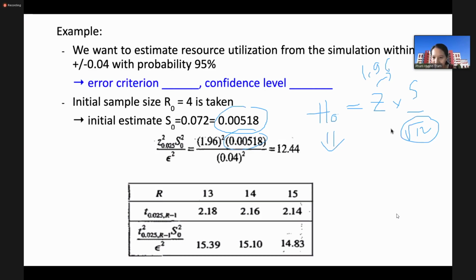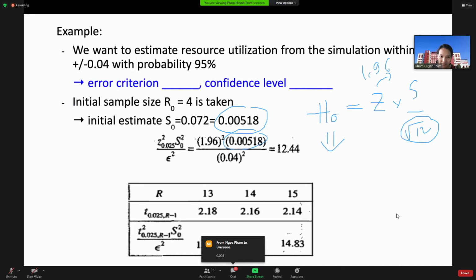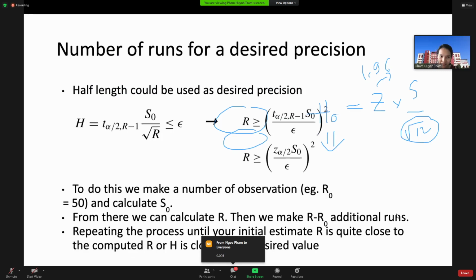We have 0.005. Is it correct? That is a very small one. Let me try.